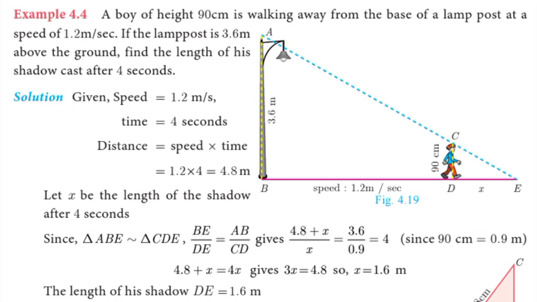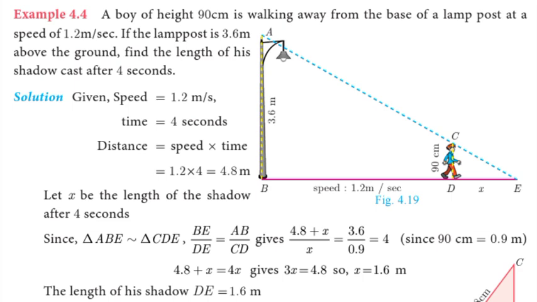AB value is 3.6. CD equal to 90 centimeter. So, we convert centimeter to meter, divide by 100, so 90 centimeter equal to 0.9 meter. Now simplify that. 3.6 divided by 0.9, that equal to 4, since 9 4s are 36.